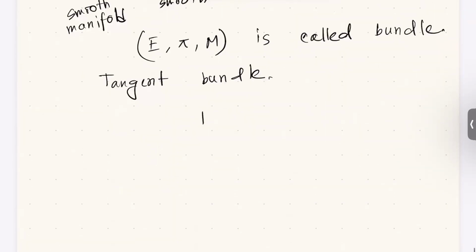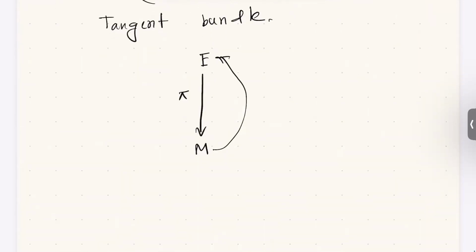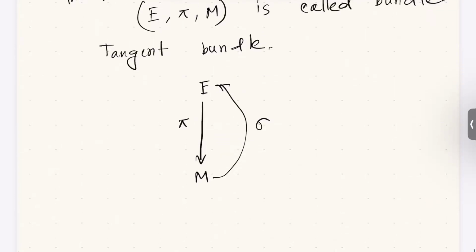Now we have E to M, the map pi. I can also go from M to E, and this is a map called sigma. And if sigma composed with pi is equal to the identity map on the manifold, then we say sigma is a section.